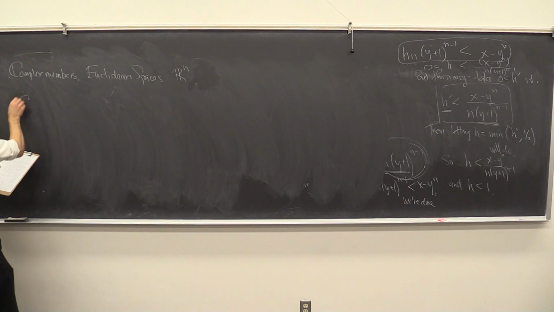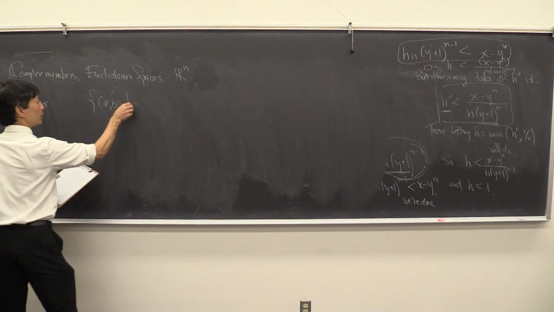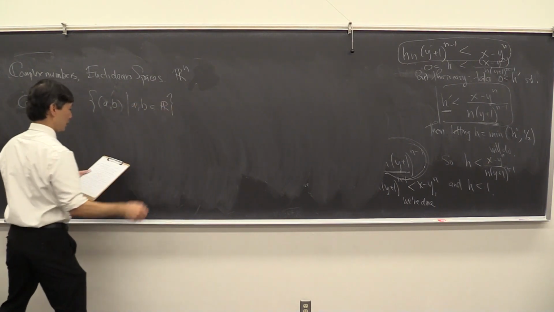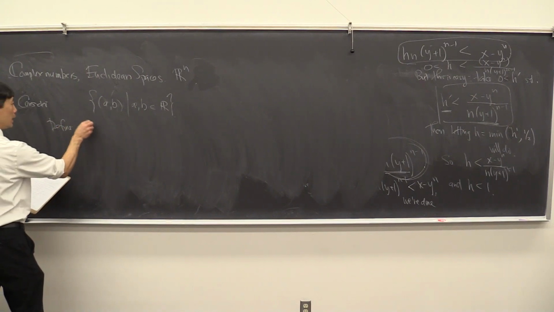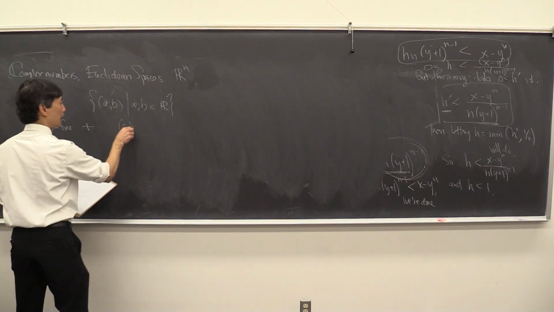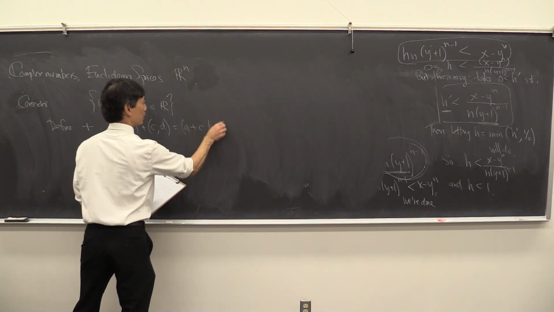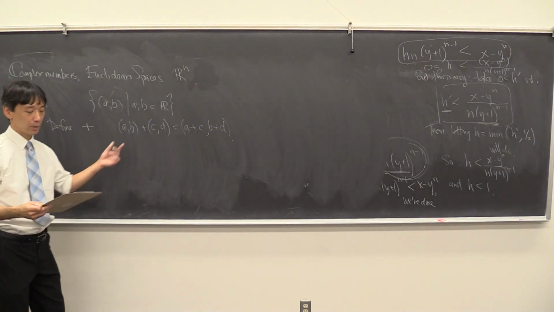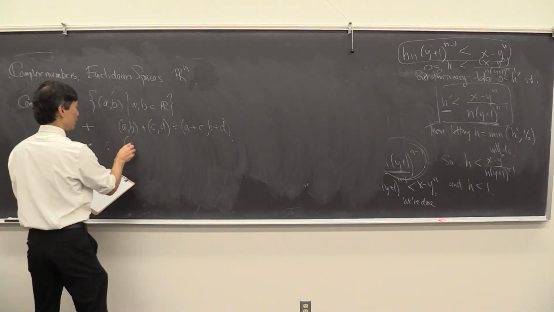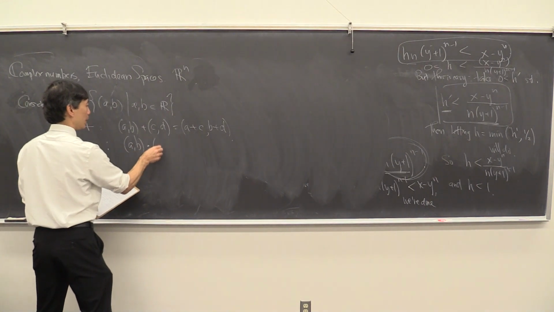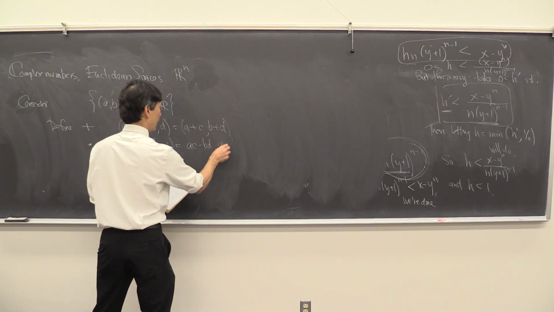Consider R^2, which is just pairs of real numbers (a, b), with a and b real. You define an addition on it in the obvious way, adding component-wise: (a, b) + (c, d) = (a + c, b + d). You define a multiplication in the following way: (a, b) times (c, d) is (ac - bd, ad + bc).